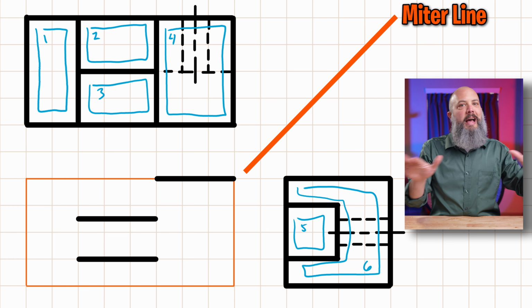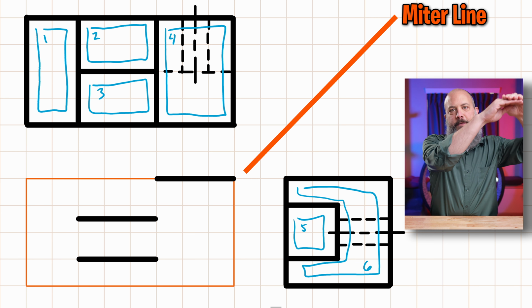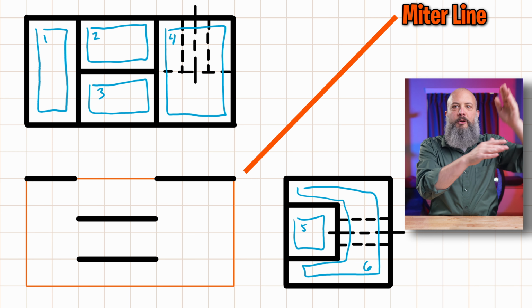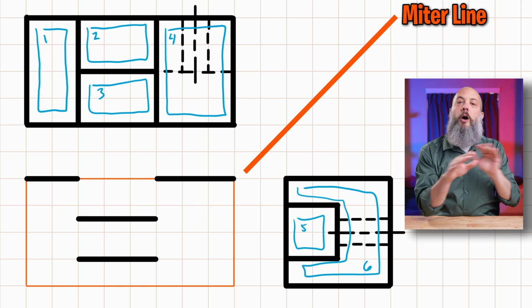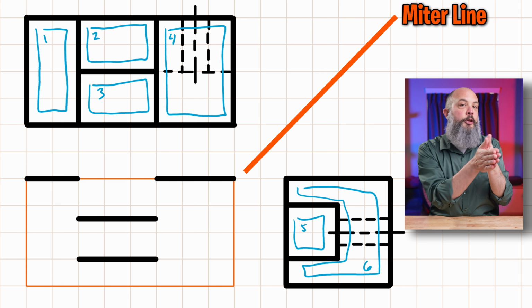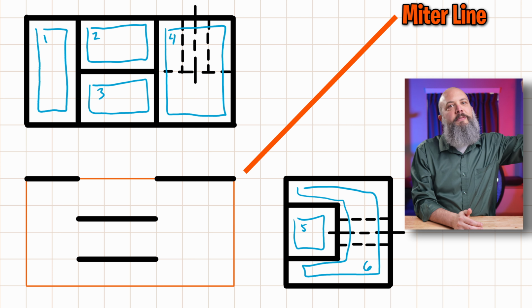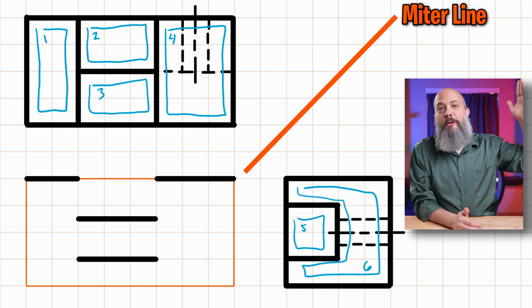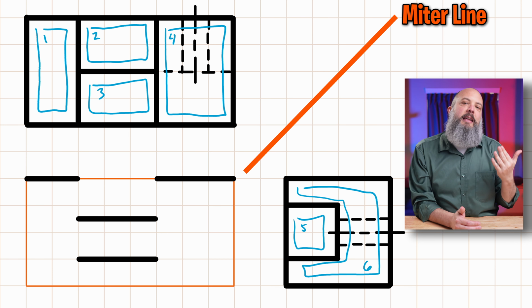But 1 and 4 are not actually touching, and since 1 is the full height of the top view, which means it's the full width of the right side view, there are no visible or hidden lines that go the full width of the right side view, except for the very top. So this means that height 1, face 1, needs to actually be all the way at the top.